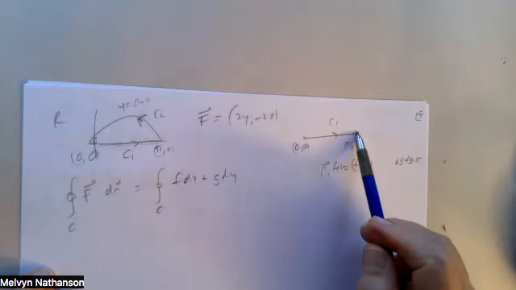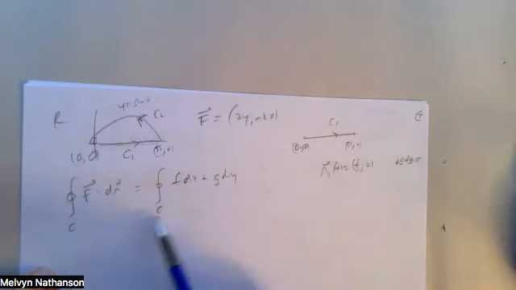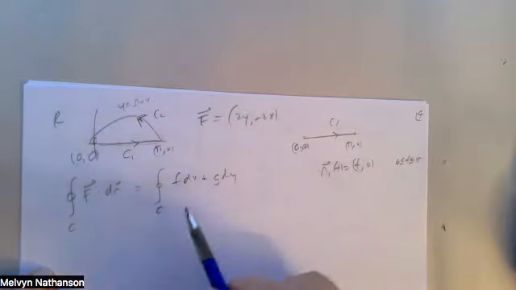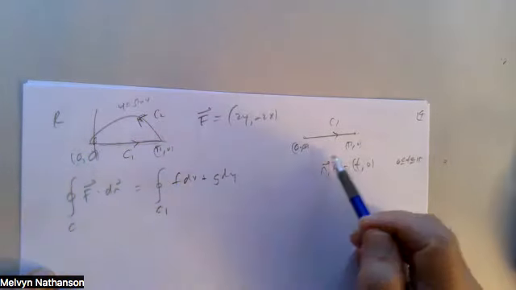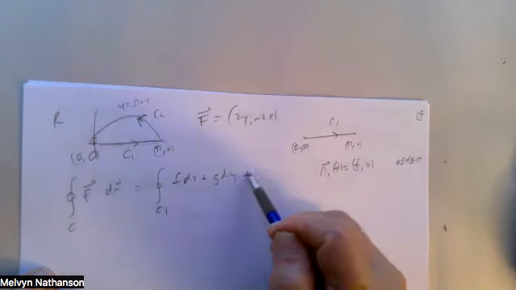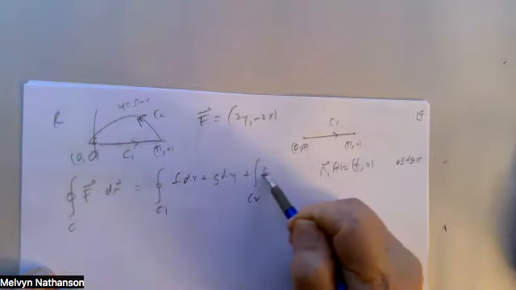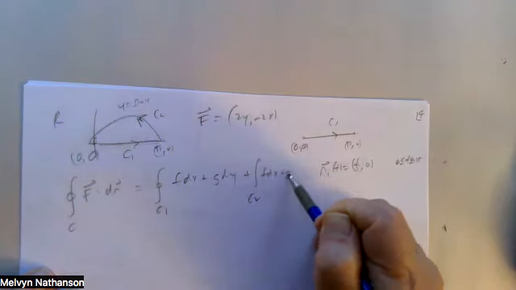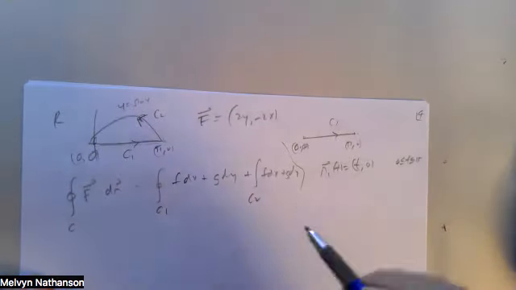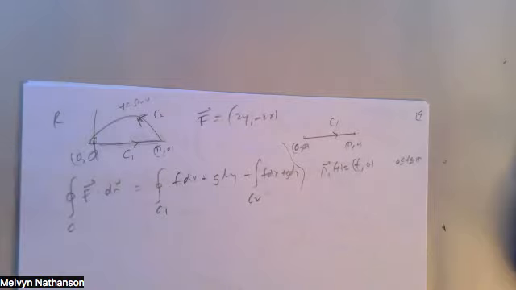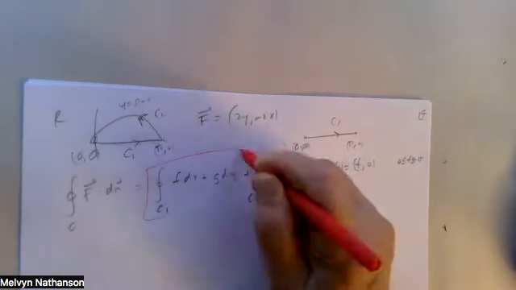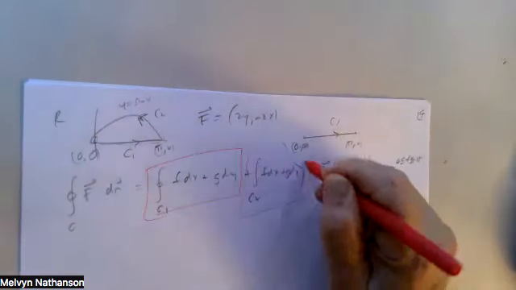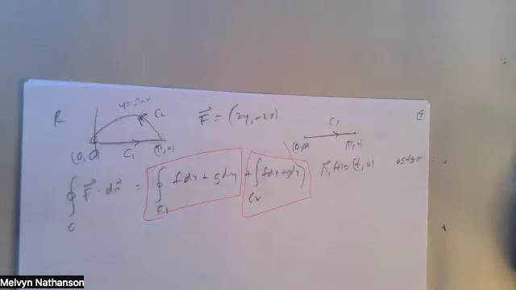We're just moving along this line. And so this integral around the whole curve, I can write as the integral around C1 plus the integral around C2. So I'm dividing the curve up into two pieces, and I have to calculate these separately.